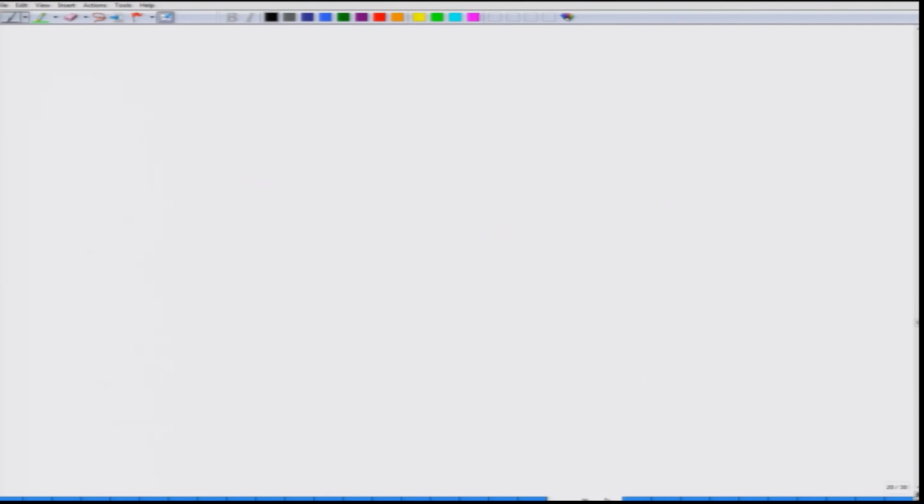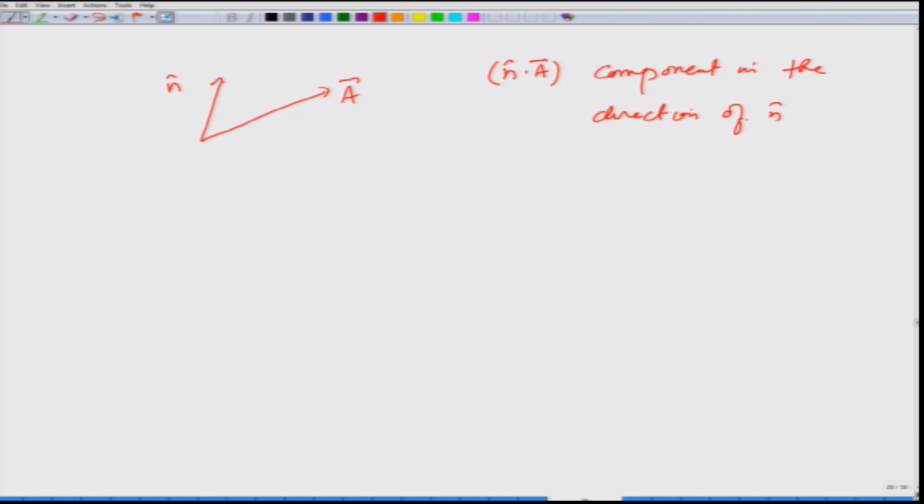I will give you hints. Again if I have a unit vector n and a vector A, then n dot A is the component in the direction of n.